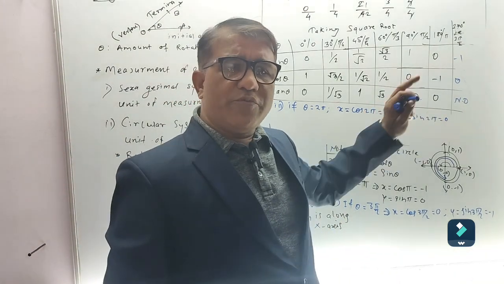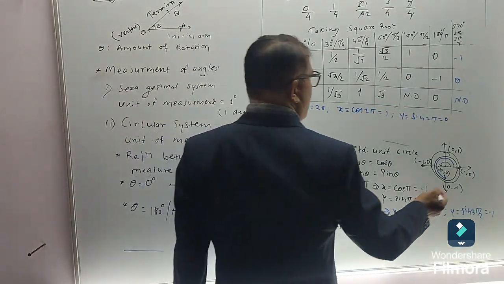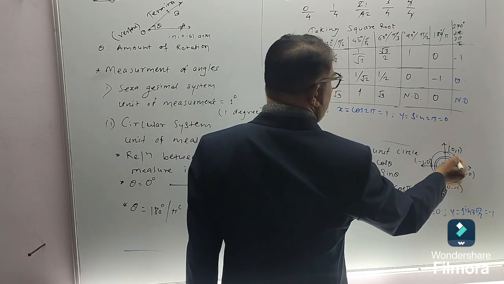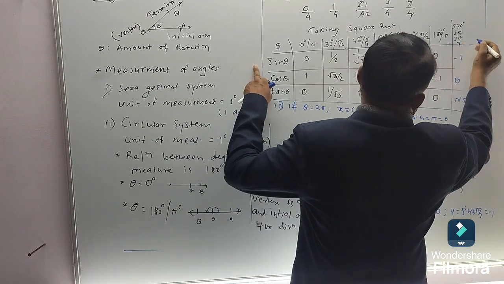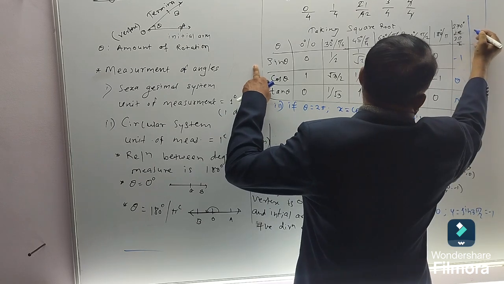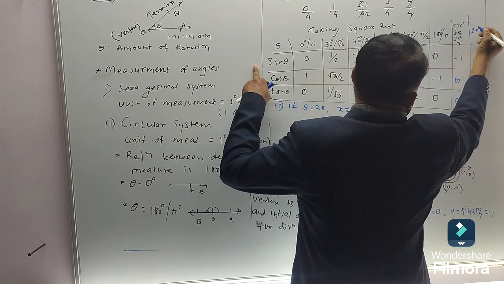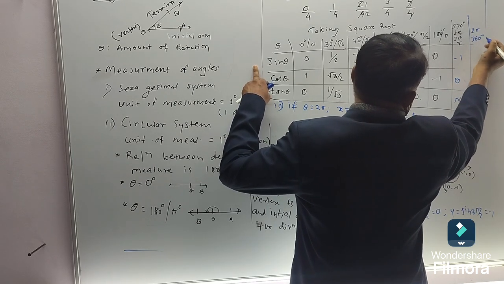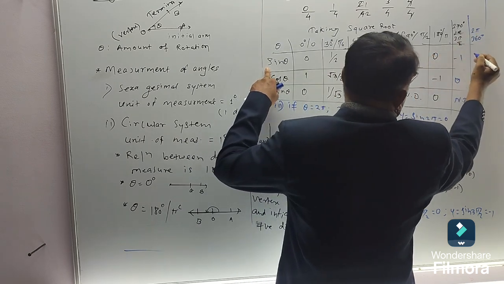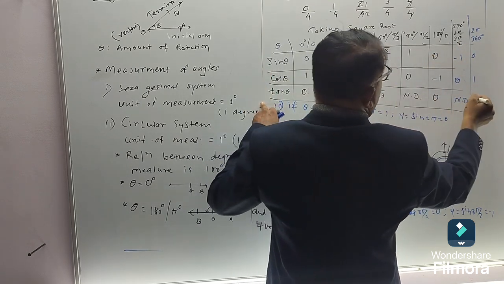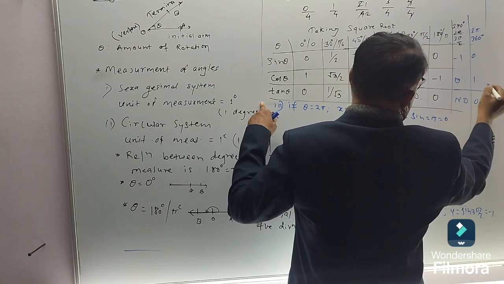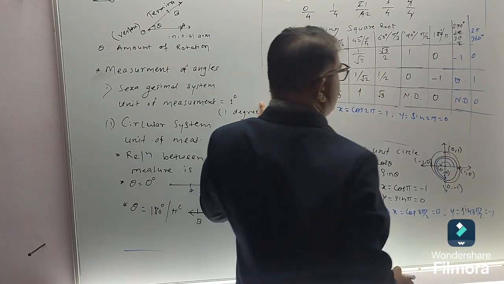Therefore, we can observe that sin pi, sin 2 pi, sin 3 pi are all 0. Now, in the last column I am writing 2 pi, that is 360 degrees: sin of 2 pi is 0, cos of 2 pi is 1, tan is again 0 by 1, which is 0.